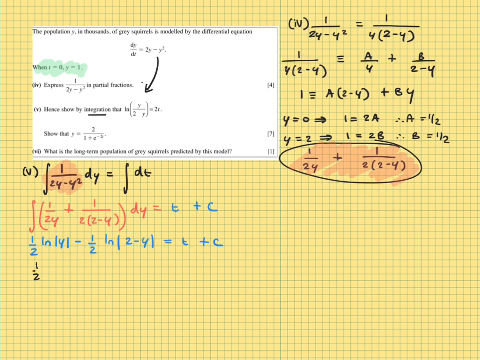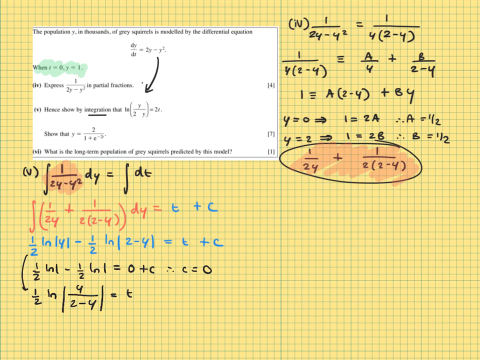So we'll get a half ln 1 minus a half ln 1 equals 0 plus c. So c is equal to 0. So this then tells me that I get a half ln of mod y over 2 minus y equals t. So going from this stage to this stage here.